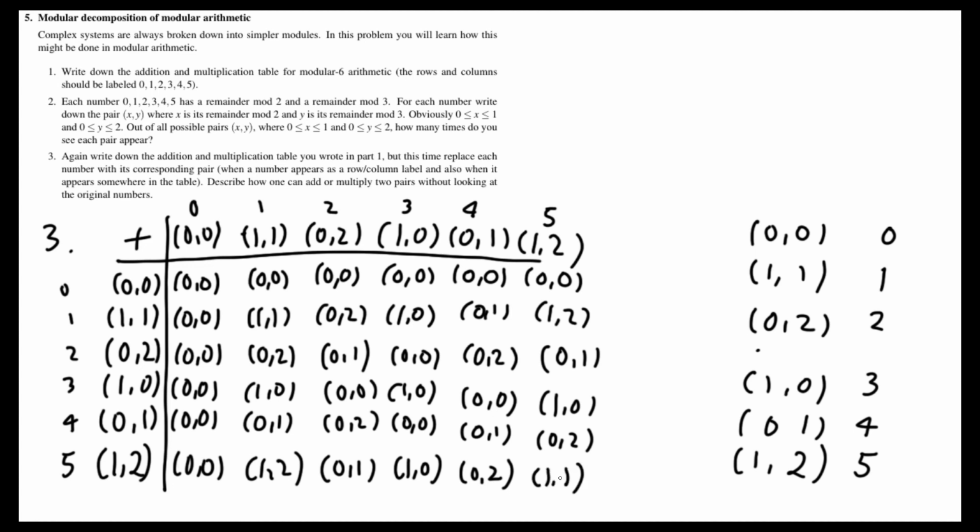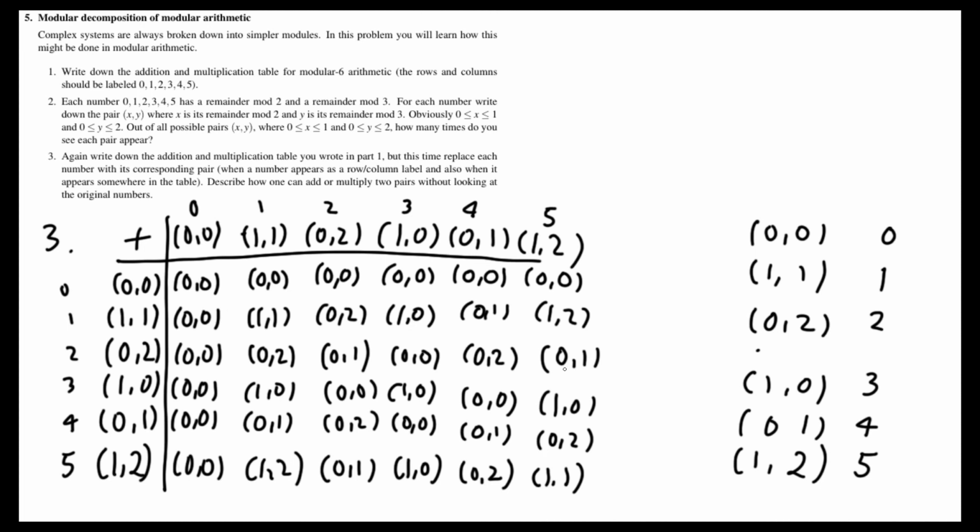So remember, this is just taking the original table and changing all of the individual numbers to pairs. But we see here that the result of multiplying a pair is the same as multiplying the first element together and then the second element together. So for example, 5 times 2 is 1, 2 times 0, 2. So the 1 and the 0 together give you 0, and the 2 and the 2 together give you 4, which mod 3 is 1.